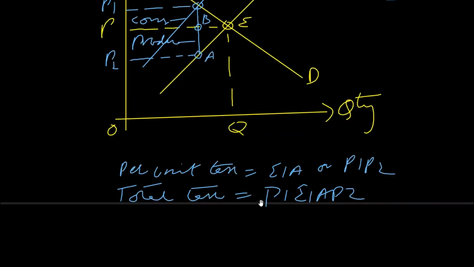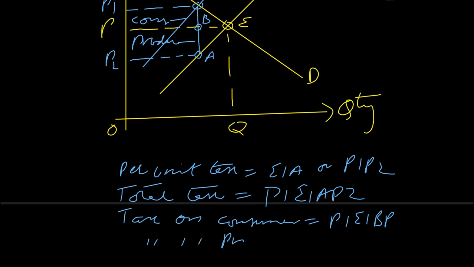So the tax burden on consumers is equal to P1 E1 B P, and the tax burden on producers is equal to P P2 A B. So this is how we can find the total amount of tax, and the tax burden on consumers and producers.